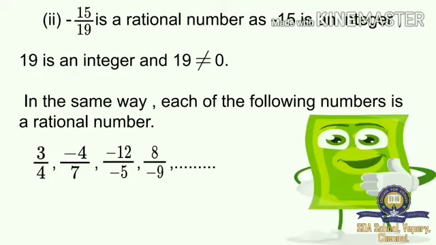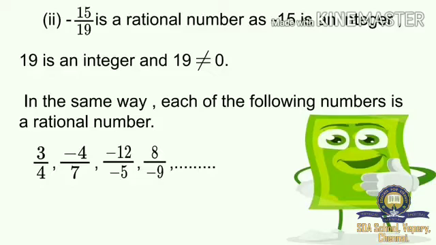And another one, minus 15 divided by 19 is a rational number, as minus 15 and 19 are integers, and 19 is not equal to 0, right? In the same way, each of the following numbers is a rational number: 3 divided by 4, minus 4 divided by 7, minus 12 divided by minus 5, 8 divided by minus 9.